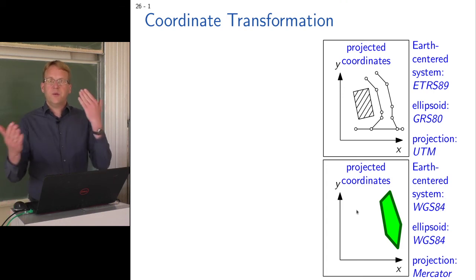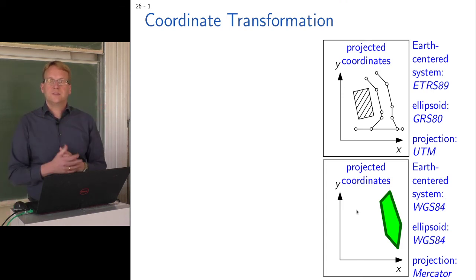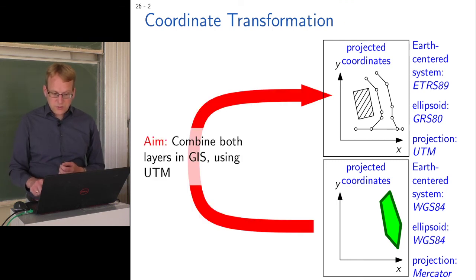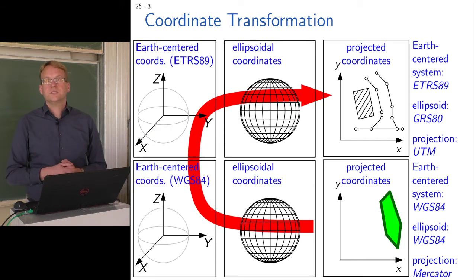So now somehow we would like to combine these two data sets in one map, and that is one of the most important functionalities of geographic information systems, to combine different types of information. To do this, we need to go through a rather long pipeline of transformation, and that you can see here.